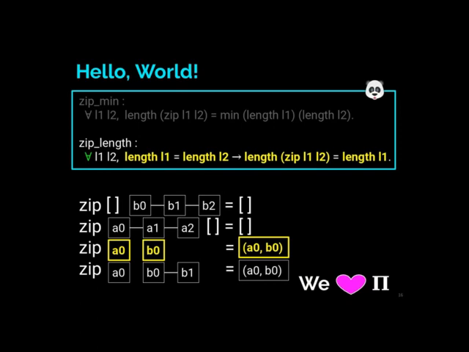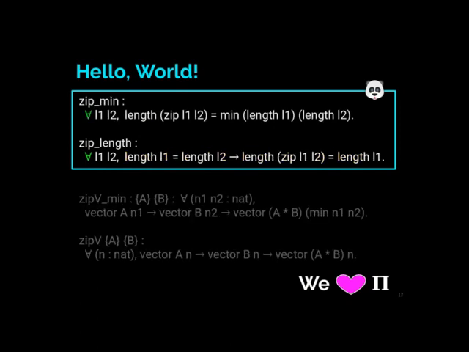As a consequence of this, another invariant holds if we restrict ourselves just to lists of the same length. In particular, the length of the output of calling zip on these two lists is the same as the lengths of the inputs.